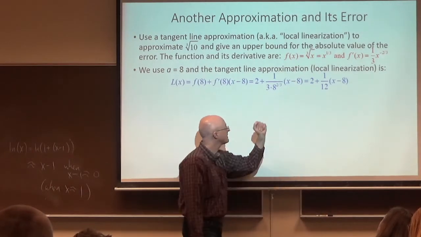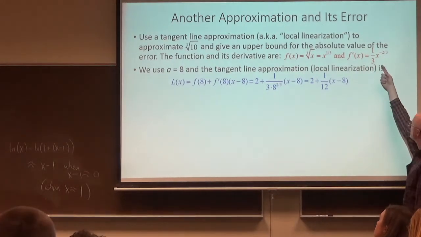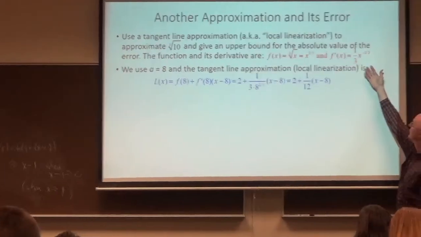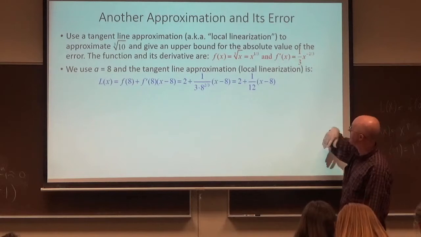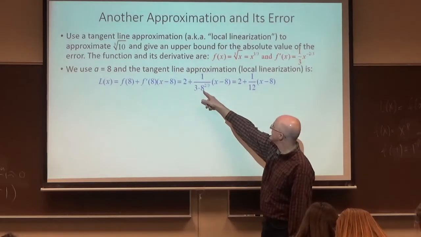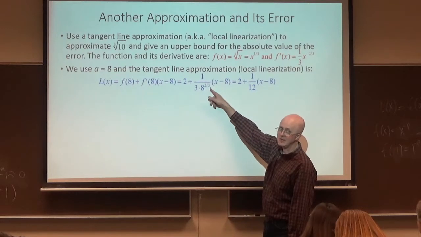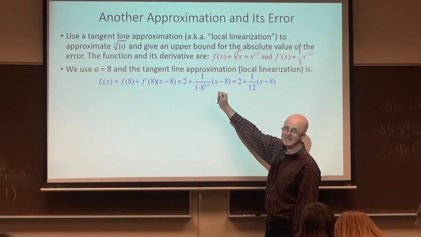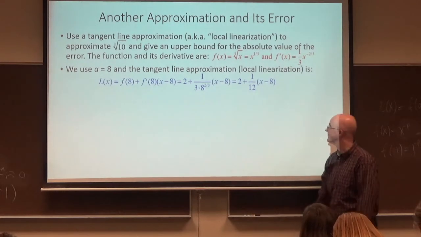That's why there's a 2 there. f prime of 8, you really get 1 over 3 times x to the positive 2/3, if you write that as one fraction with the x to the positive 2/3 in the bottom. 8 to the positive 2/3 is 4, right? Because you first take the cube root of 8 to get 2 and then square it to get 4. That's what 2/3 powers mean. 3 times 4 is 12, so you get 1/12.